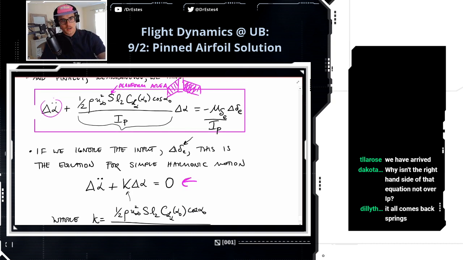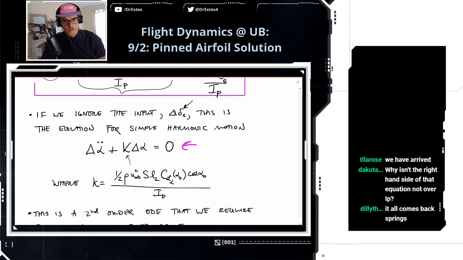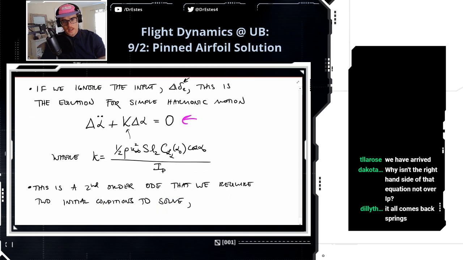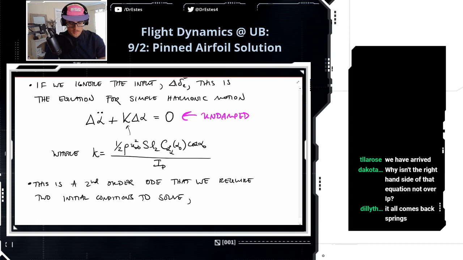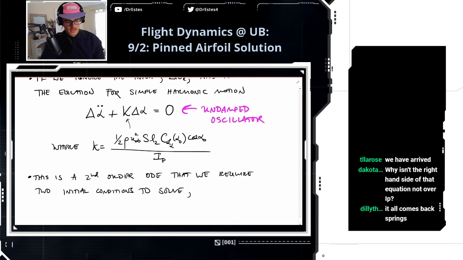Basically, we have a second order equation here. And if you remember how this works, and we're going to get more into this on the next set of notes, this is an undamped oscillator, like an undamped second order system. And we'll break that down just to review that.